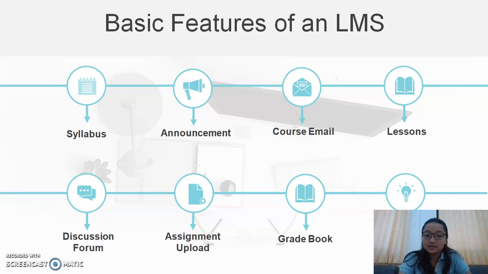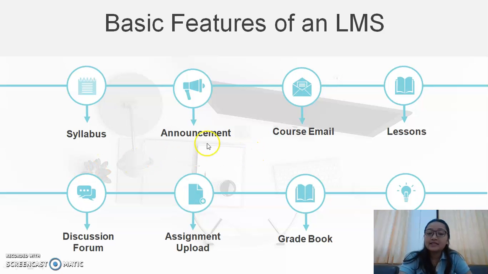The fifth is the discussion forum. The discussion forum is a room for students and teachers to exchange their ideas, to give comments, to ask questions, and also to respond to questions. In the discussion, teachers should be involved to clarify the discussion of a certain topic.